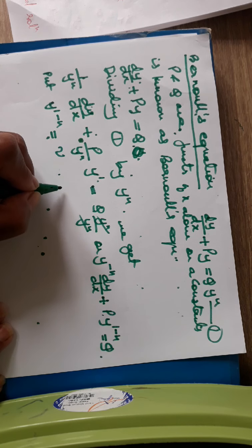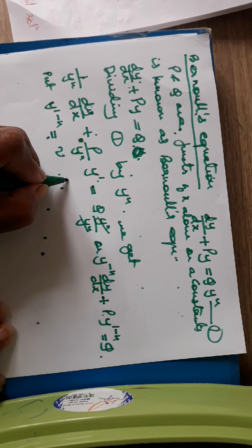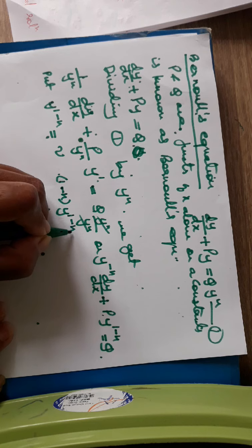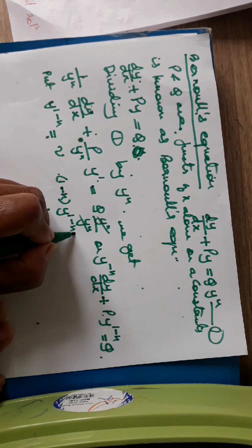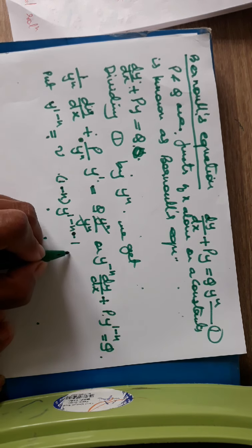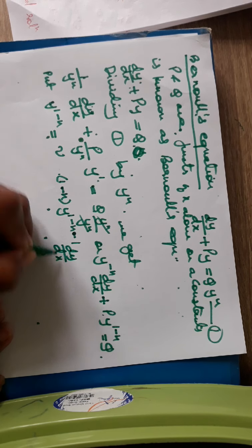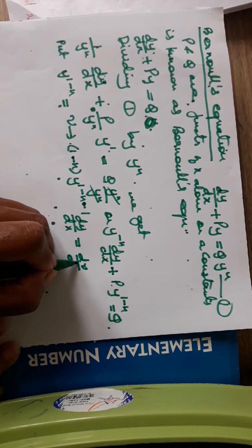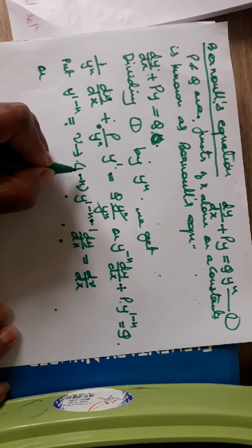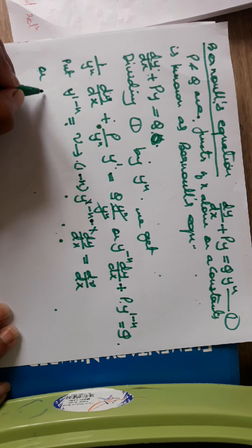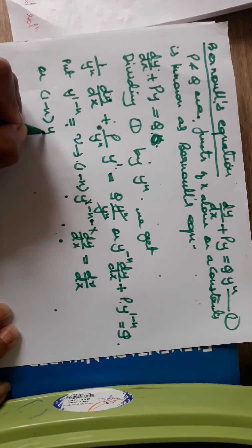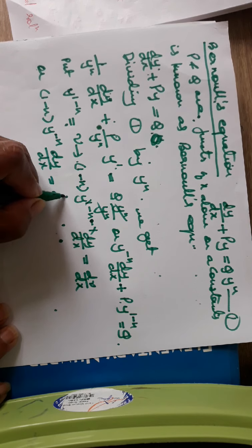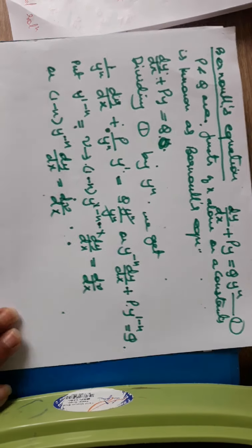And when you differentiate this with respect to x, you get 1 minus n into y to the power 1 minus n minus 1 into dy/dx is equal to dv/dx. This 1 and minus 1 can be cancelled, so you have 1 minus n into y to the power minus n into dy/dx is equal to dv/dx.